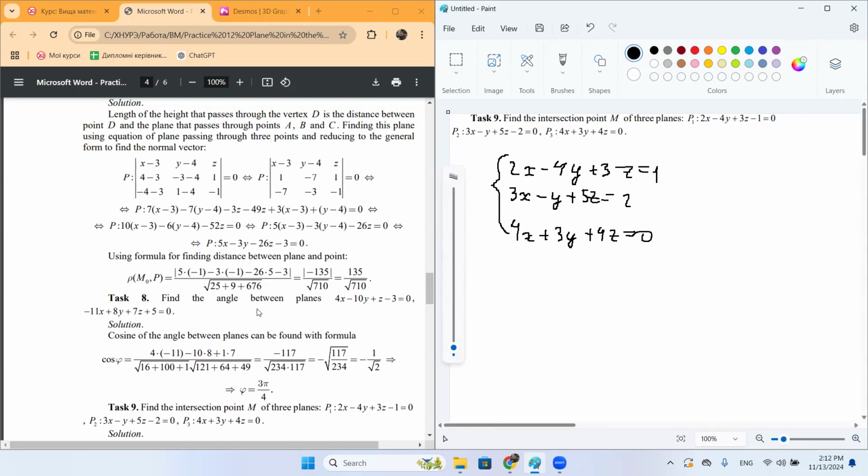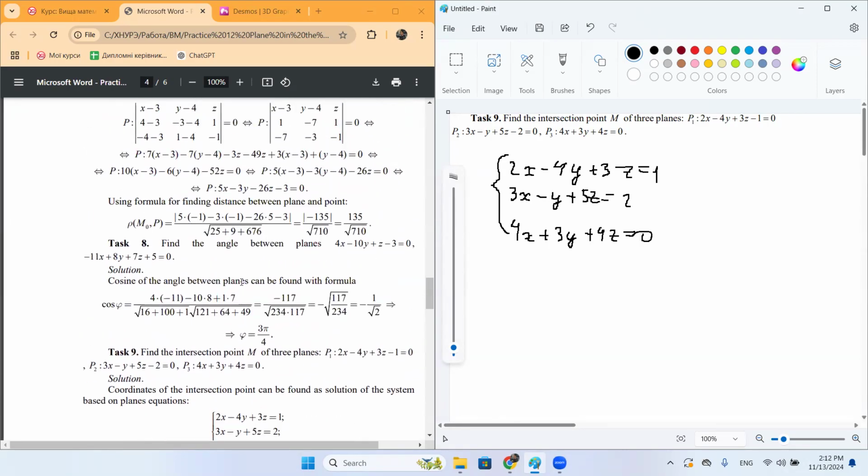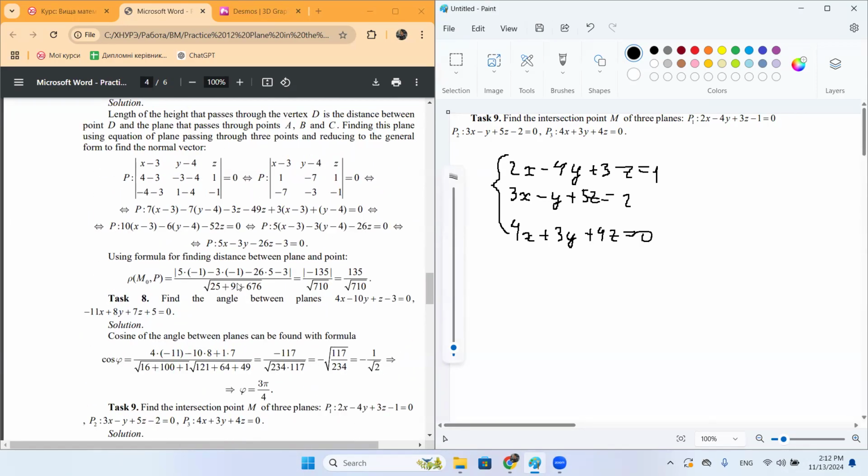So the Cramer method you have here when reviewing the lesson, you can see it. And now let's use the Gaussian method. But the method of inverse matrix is quite long, so Gaussian should be faster.